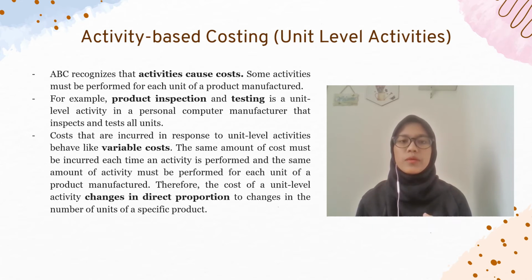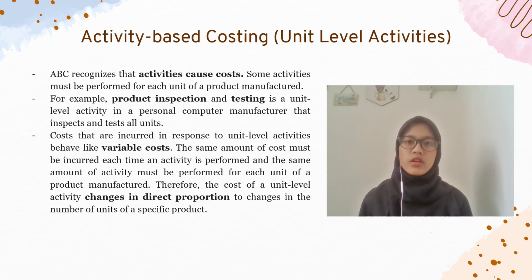For example, product inspection and testing is a unit-level activity in a personal computer manufacturer that inspects and tests all the units. So the hours of inspection and testing will be calculated in the cost of the total product. Costs incurred in response to unit-level activities behave like variable costs.